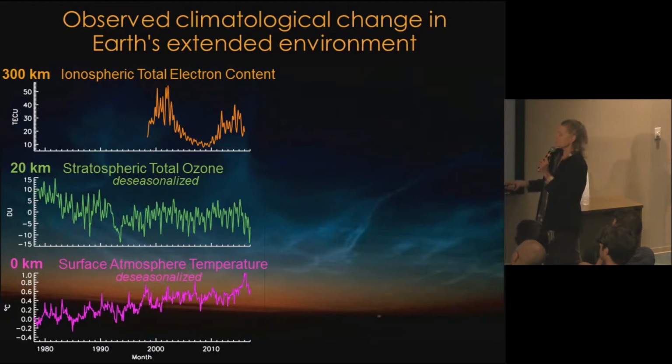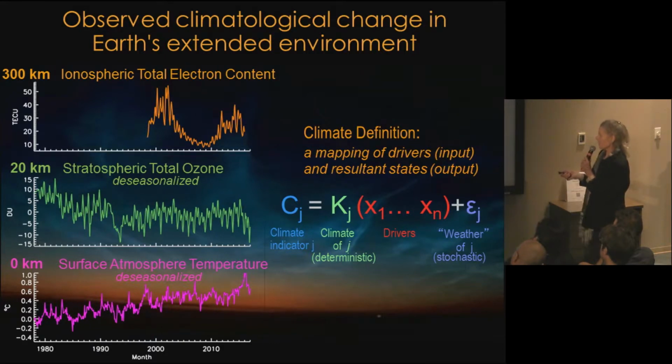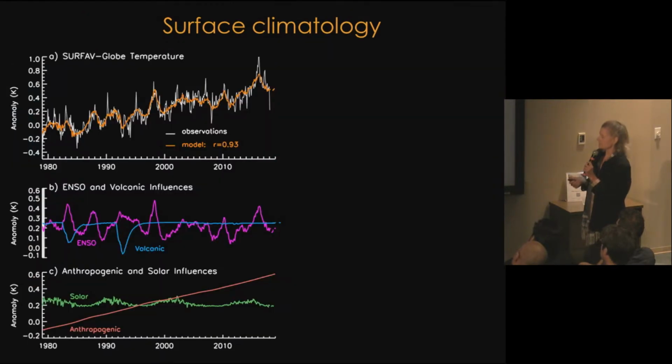This is the record of global surface temperature change that everyone tries to understand the causes of. And this is where I think it's important to talk about climate. If climate is some combination of deterministic drivers and weather, then the drivers of climate at the surface are different from those in the ozone layer and in the ionosphere. So when you talk about climatology, I think it's important to distinguish those components.